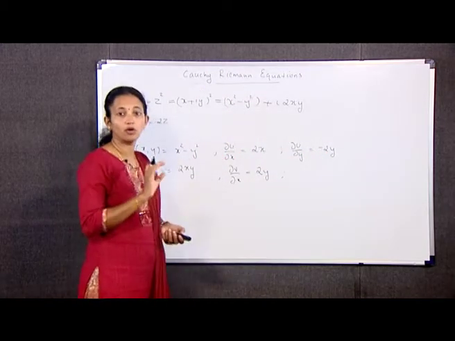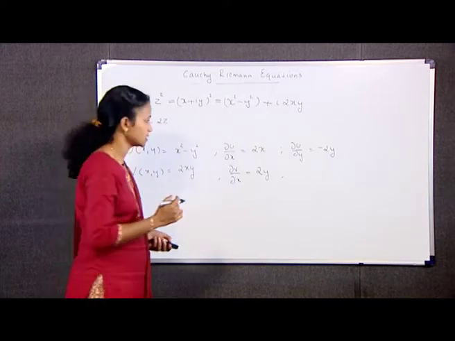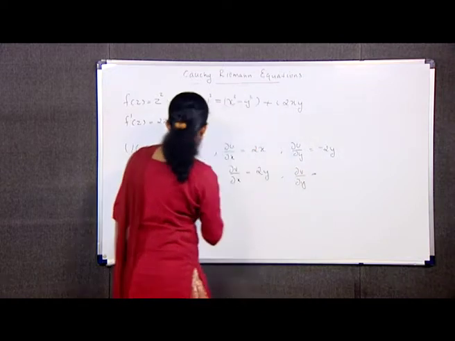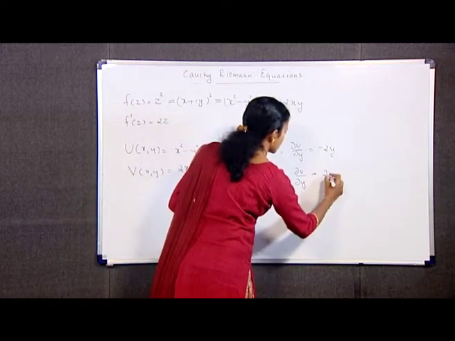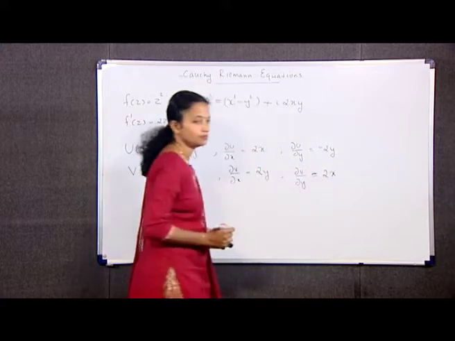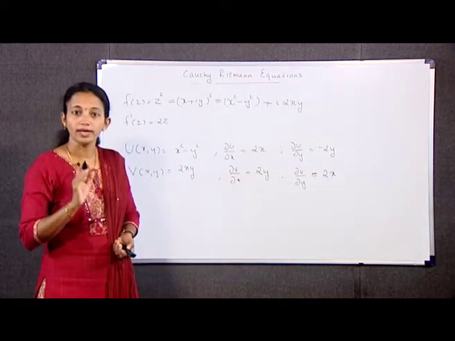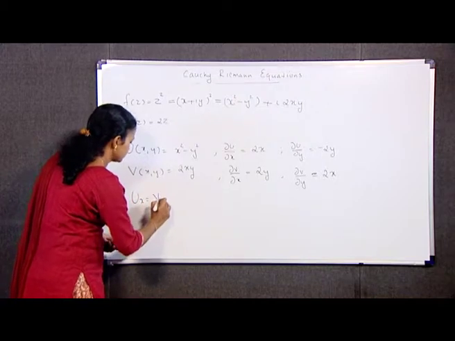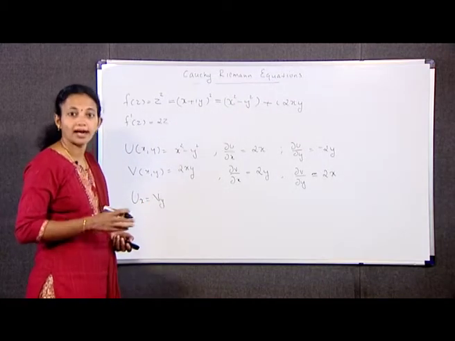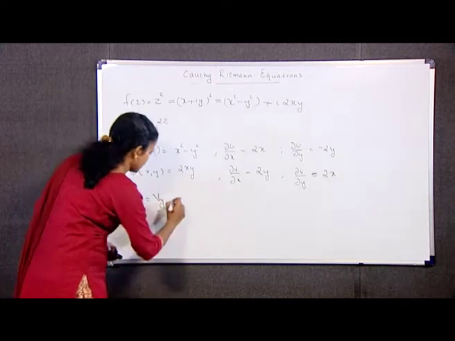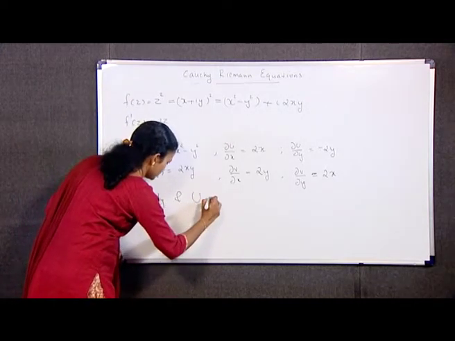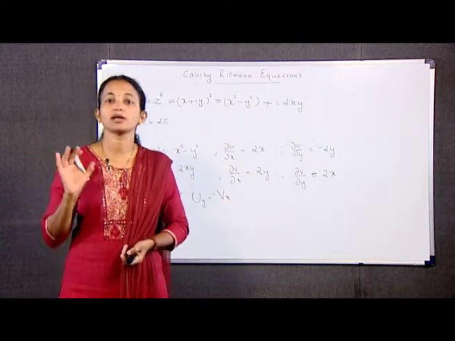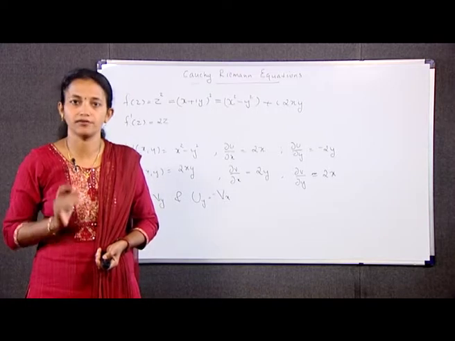And again ∂v/∂y = 2x. Hence, we have u_x = v_y and u_y = −v_x. Hence, Cauchy-Riemann equations are satisfied everywhere.